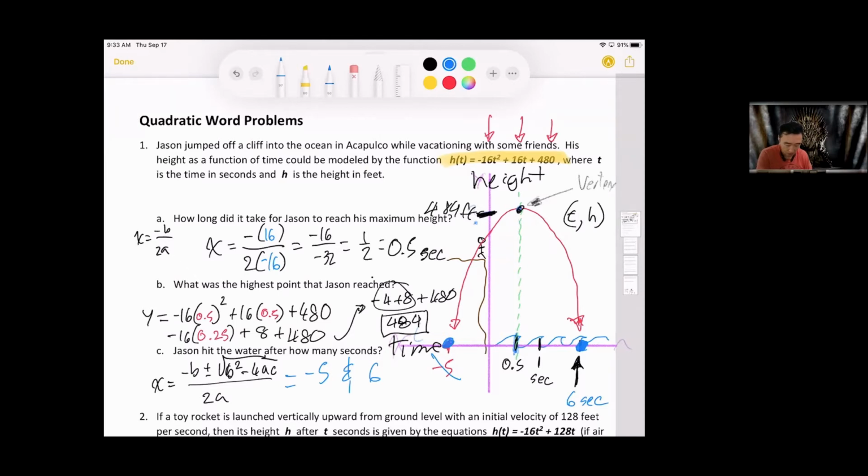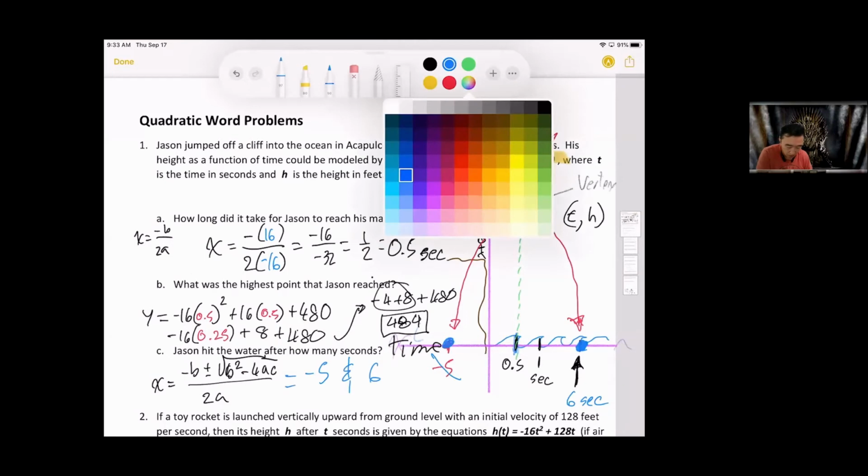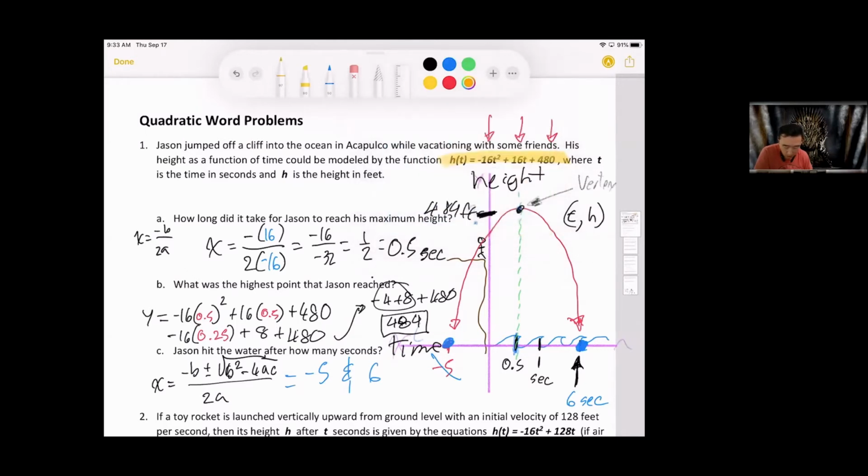The other thing that they don't ask you here that you should know is, and I know this is a lot of stuff, so let me find a different color. Let's go with this one. You see right here where Jason starts to jump?